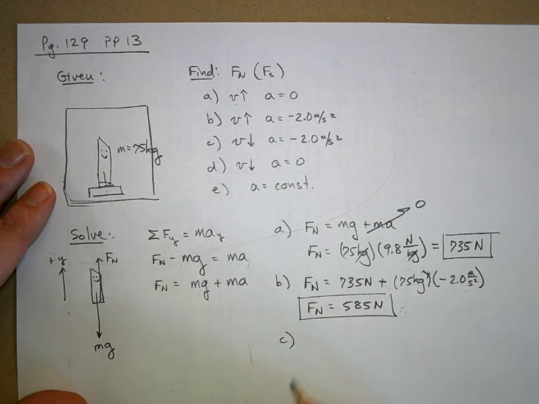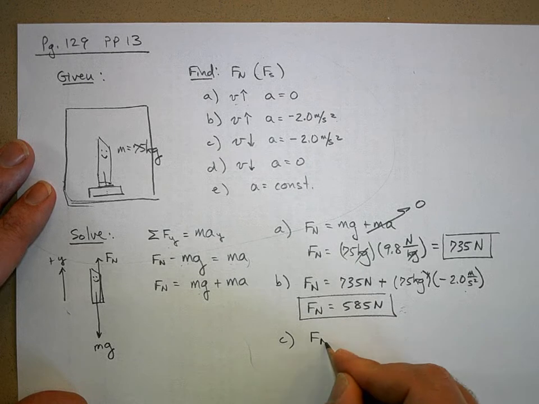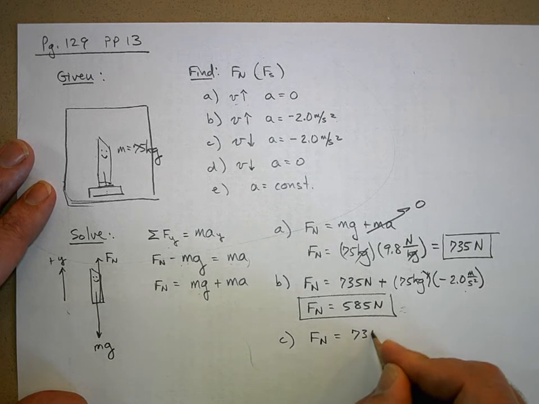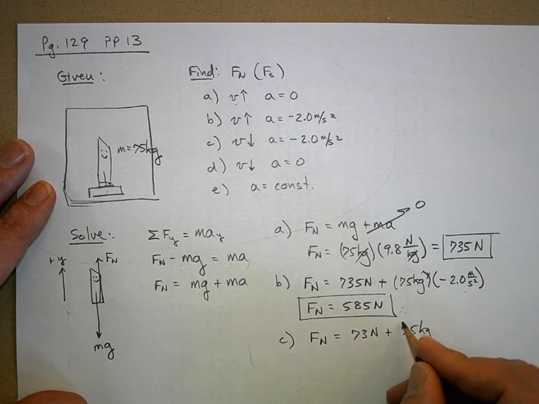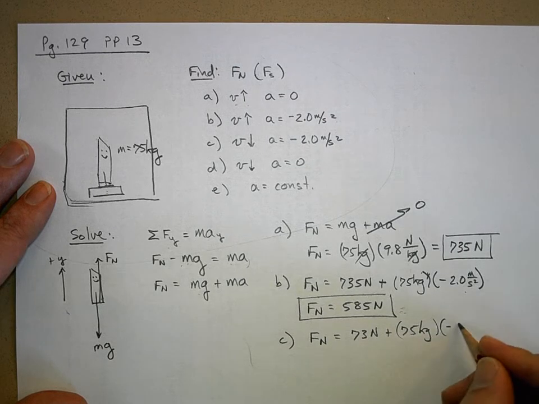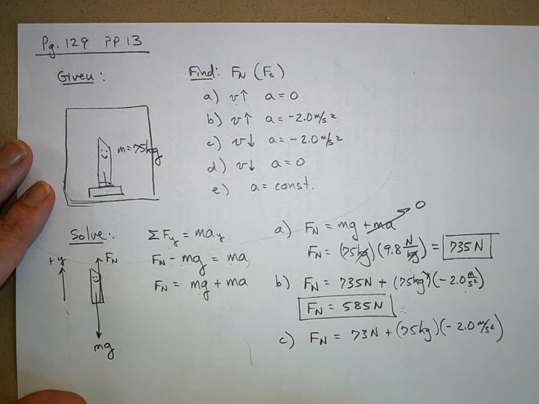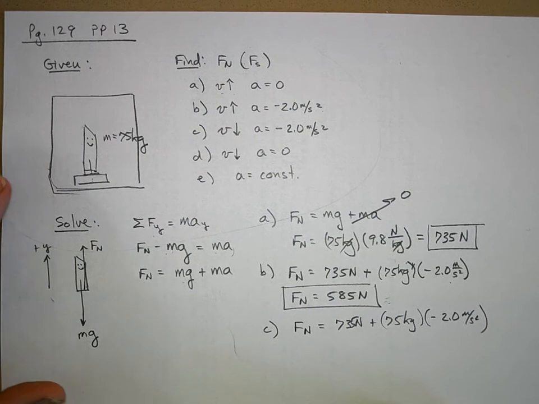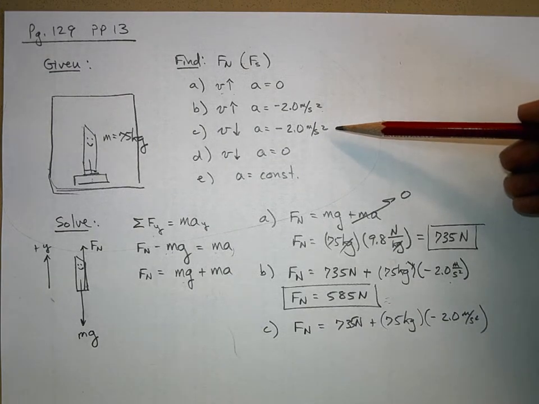In part C, notice that part C is just the same. The normal force is equal to 735 newtons plus 75 kilograms times negative 2.0 meters per second squared. Because you're going down, but your acceleration is also down.